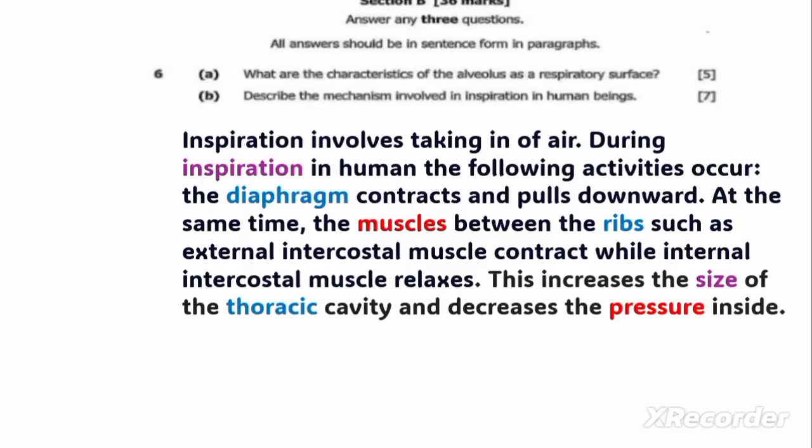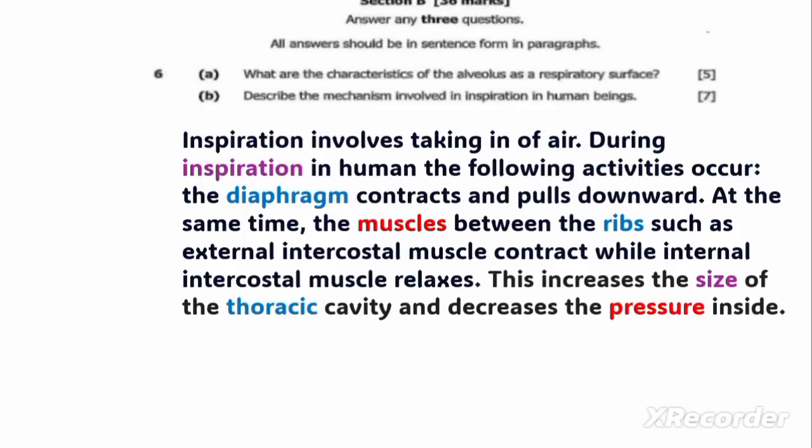At the same time, the external intercostal muscles between the ribs contract, while the internal intercostal muscles relax, and this increases the size of the thoracic cavity and decreases the pressure inside. So this is the mechanism involved in inspiration in human beings.